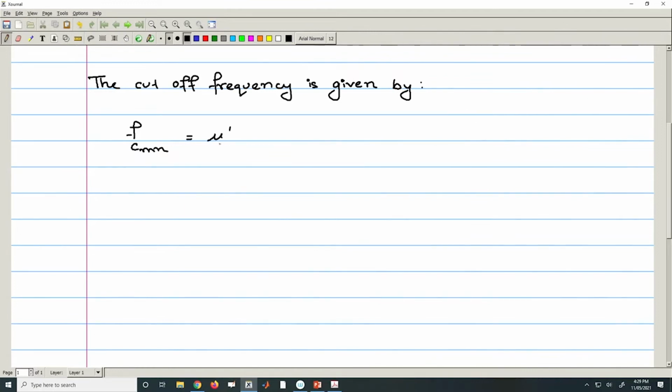So, to start with, we know the cutoff frequency is given by f_c,mn equals u prime by 2 root over of m square by a square plus n square by b square.